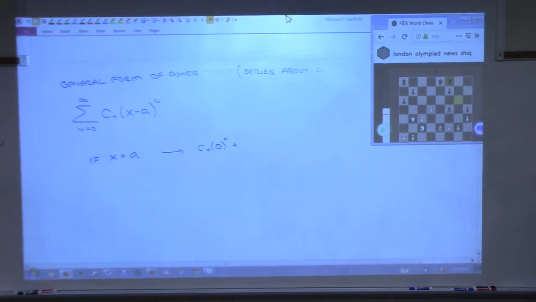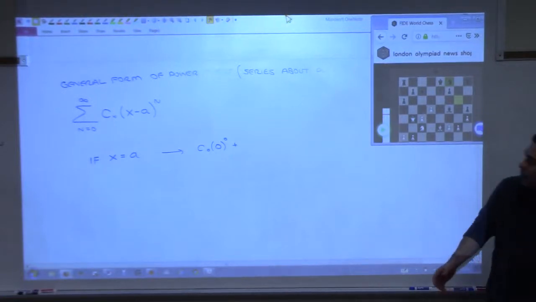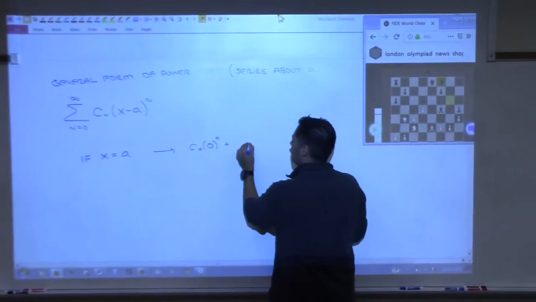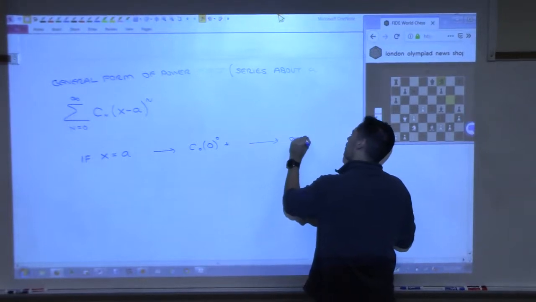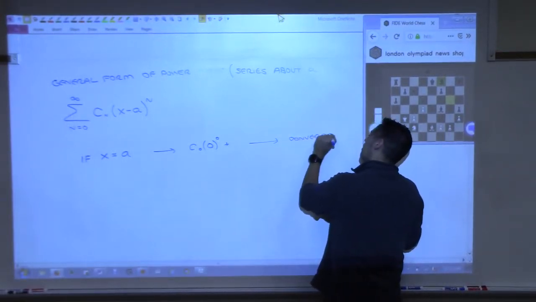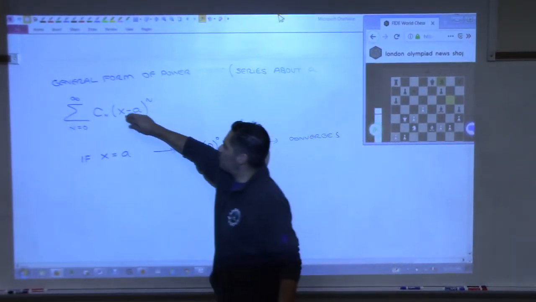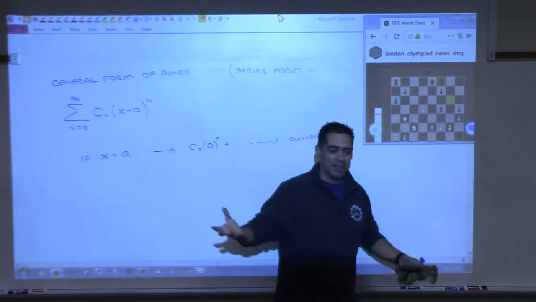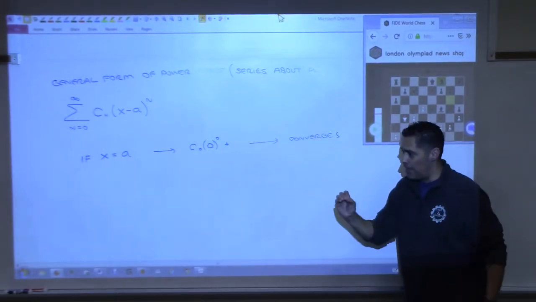a minus a to the 1, 0 to the n. Basically what we're saying is this. If x is a, this converges. Is that okay? In other words, if that's a 0 in here, we're not adding anything up, and that means it adds up to nothing, and we've got 0. That converges, right?